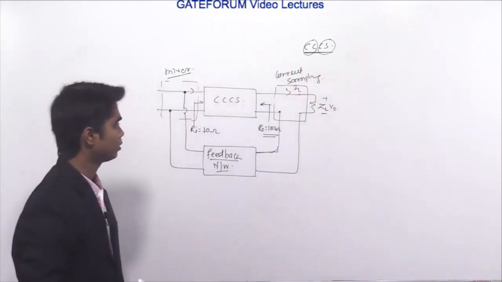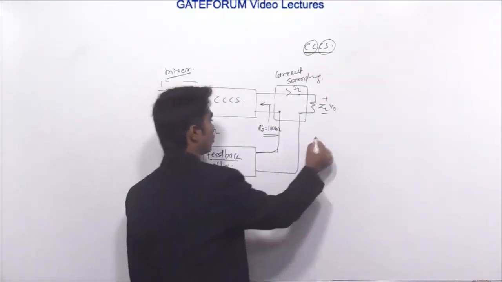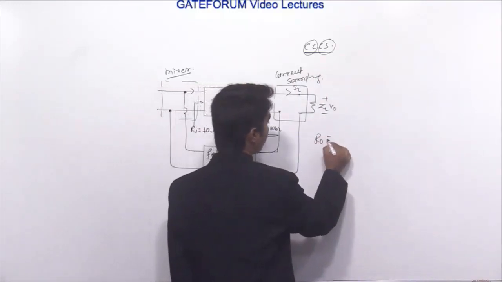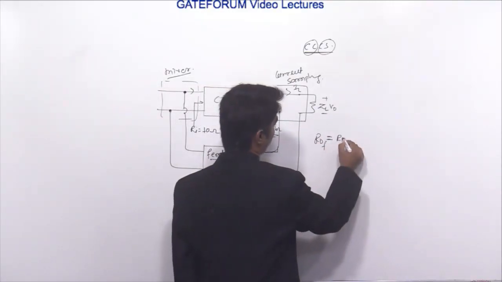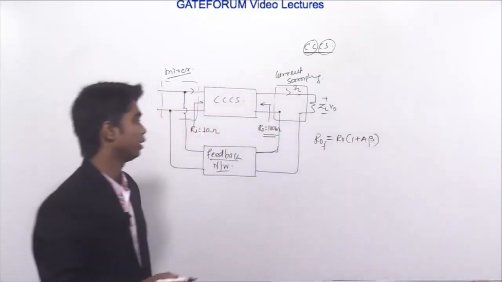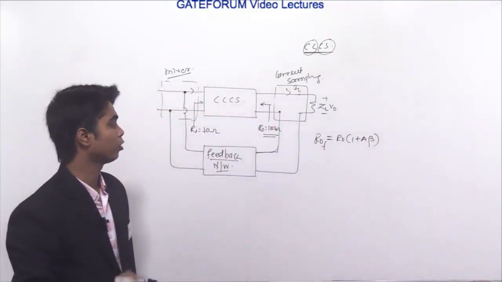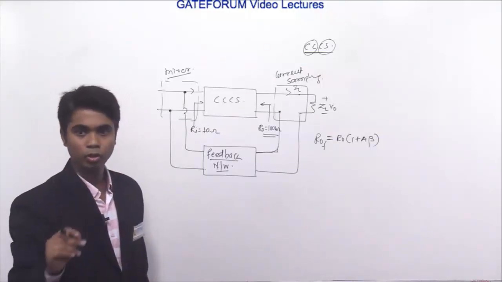This is a series connection, and in series the net resistance increases. Therefore, the output resistance RO of the feedback network will be increased by 1 plus A beta. Definitely in a feedback amplifier anything will be increased or decreased by 1 plus A beta. Now see, it is given in the question the loop gain.